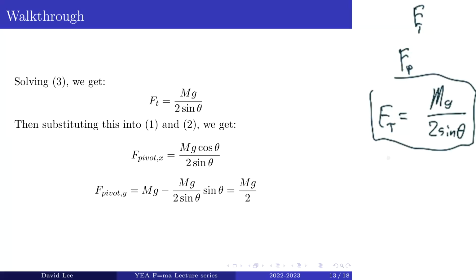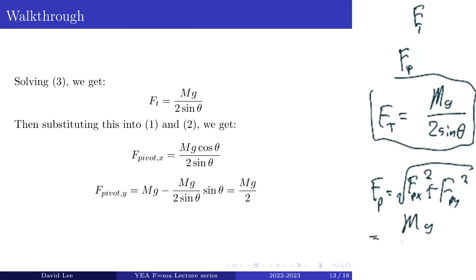And we can also find the pivot force, F pivot, which is the square root of F pivot x squared plus F pivot y squared, which also happens to be mg over 2 sine theta. Wait, is that? I'm not sure. No. Yeah, I think this is also mg over 2 sine theta after you simplify a little bit. So these will be our answers.